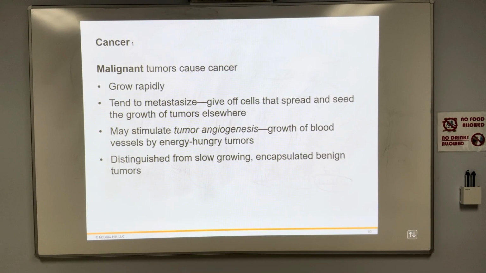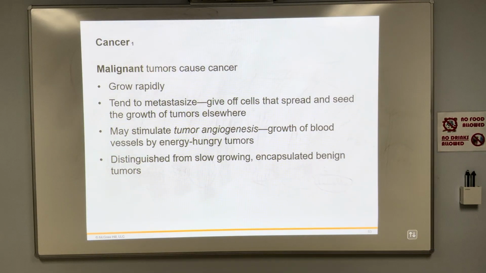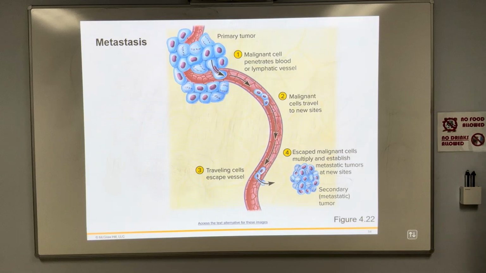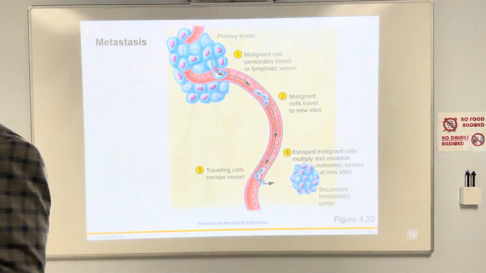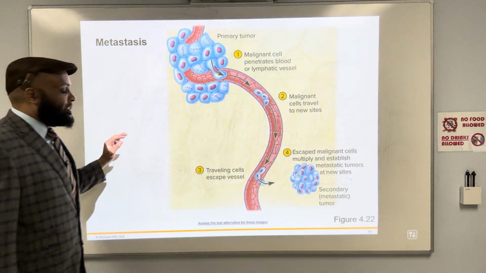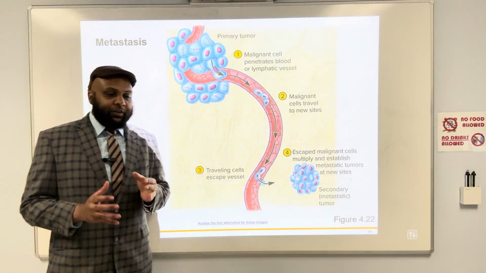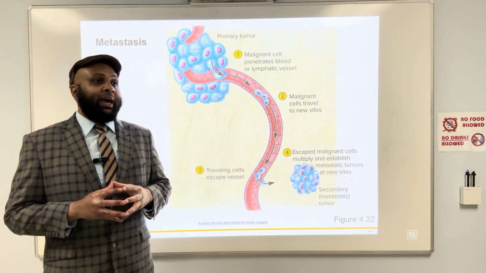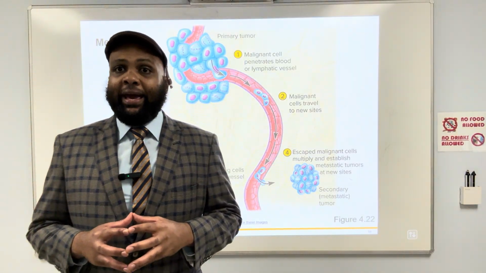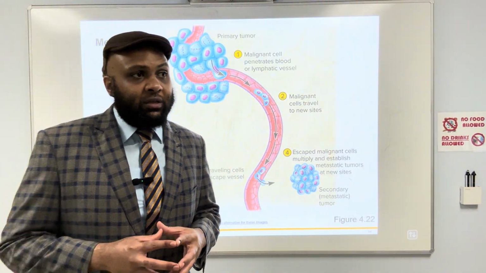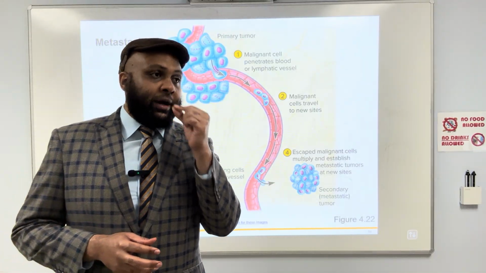So cancer. You need to understand the difference between malignant and malignancy, and the difference between invasion and metastasis. The most important concept to understand when it comes to cancer and malignancy is the difference between invasion and metastasis.